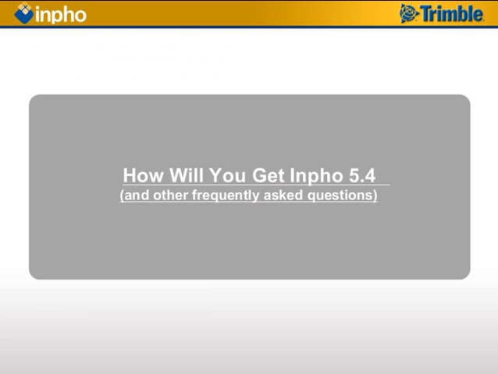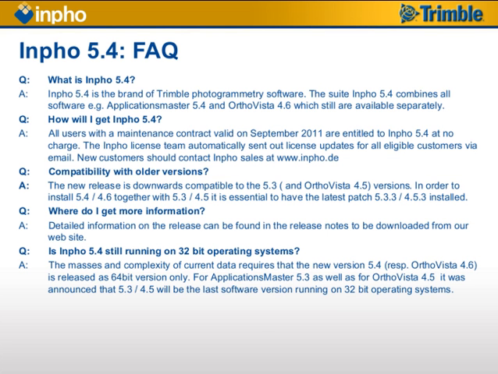Okay, so finally just some questions and answers, just some general things that I wanted to go through before you can really ask your questions. So first of all, some of you might think, well, where are those old version numbers that we had, and what actually is the meaning of Inpho 5.4?